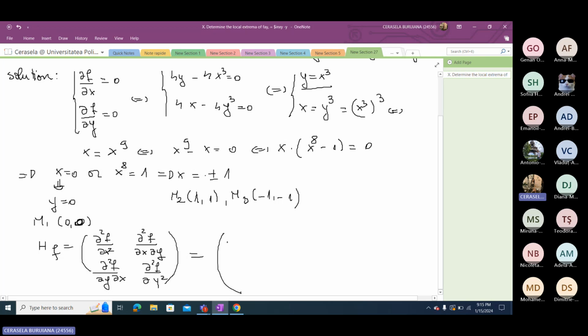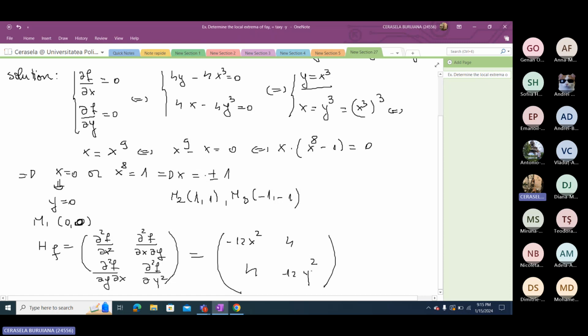If you look, it will be minus 12x squared. Good. Thank you. Also, I can put here on the main diagonal minus 12y squared. I finished with these two. And now, the derivative in function of x and y is 4 and 4. And you know that it's symmetric.